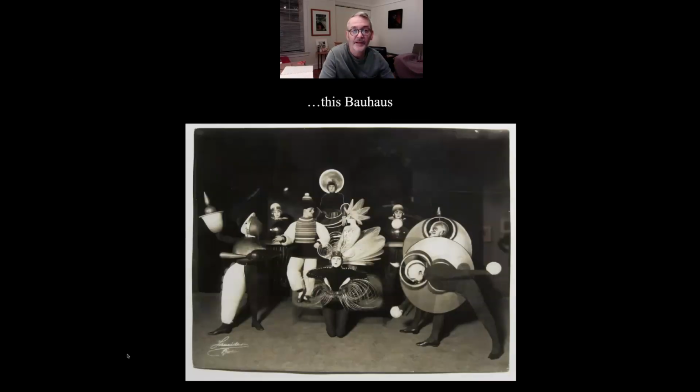This is the Bauhaus. They had a theater workshop run by a guy named Oskar Schlemmer, and I guess they used theater to express design principles. Male students and female students worked together.